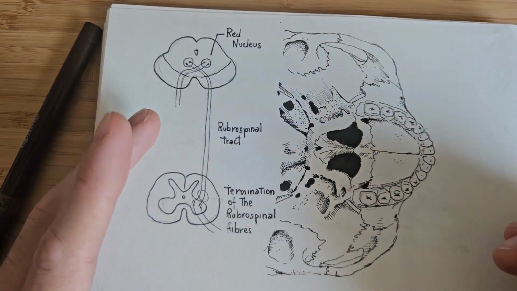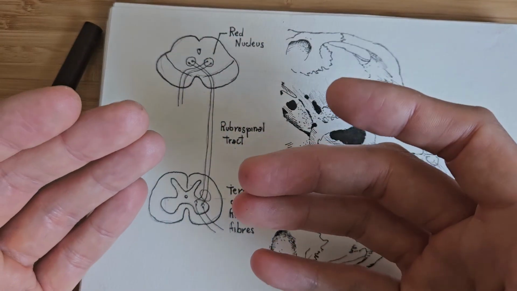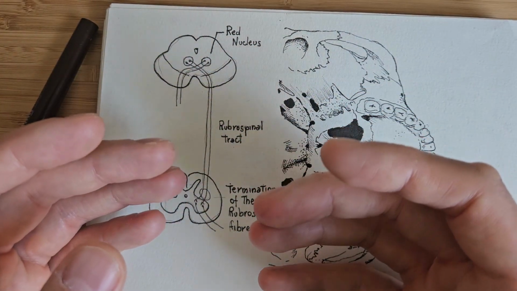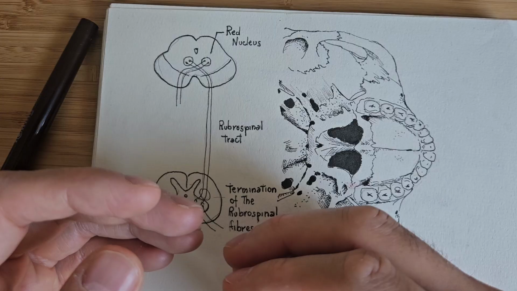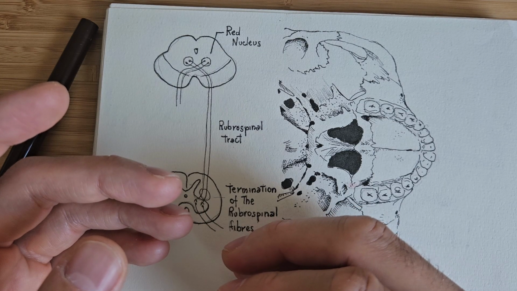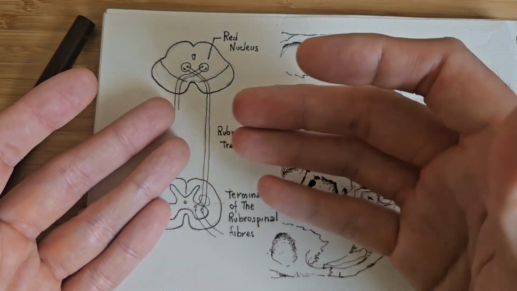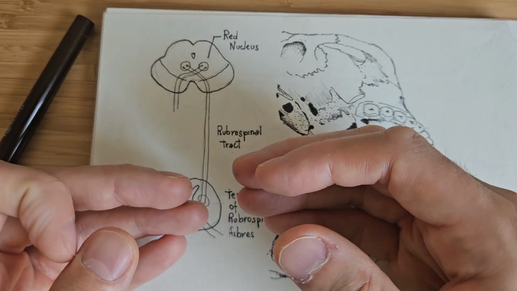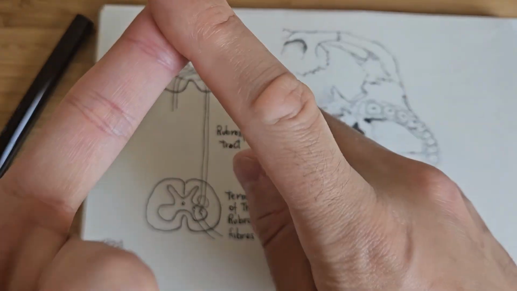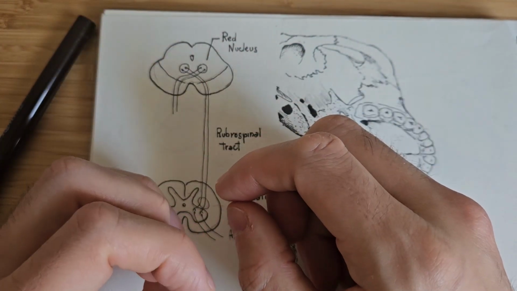And there are also pathological conditions and disorders that in some way can affect the rubrospinal tract, and this is quite common in conditions that impact the midbrain or even the spinal cord, such as traumatic injuries, strokes, or even degenerative disease like Parkinson's disease.